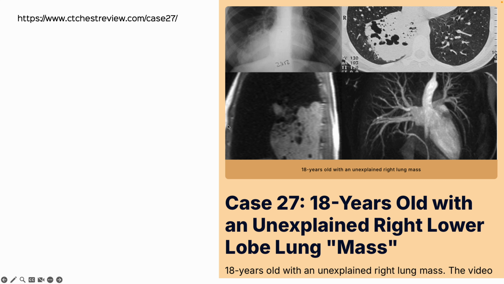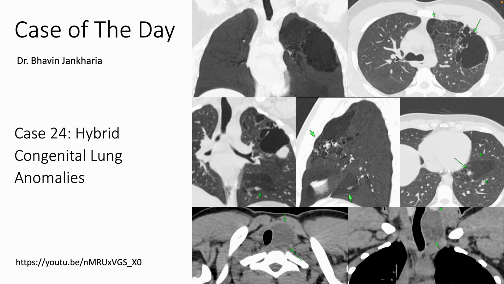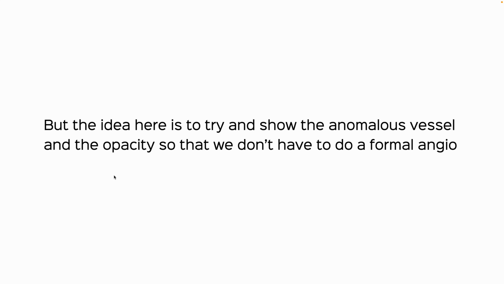I did an entire series a couple of years ago in case 27, and you can check that out. And also about a couple of months ago, I did a longer COD on hybrid congenital lung anomalies where I've touched upon sequestration briefly.